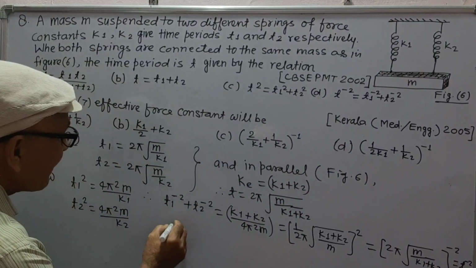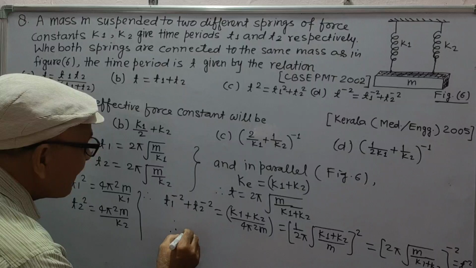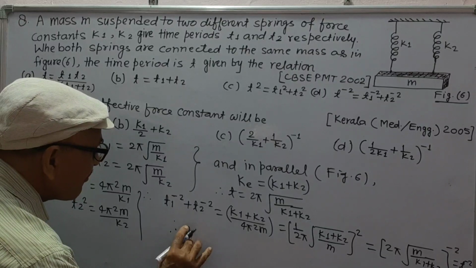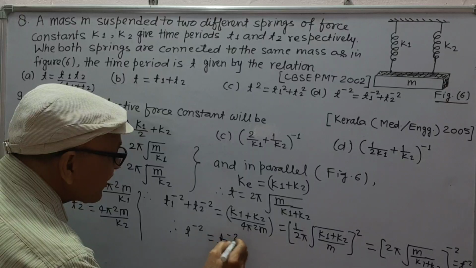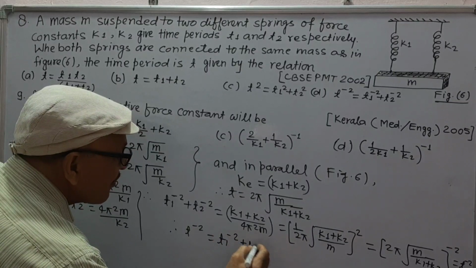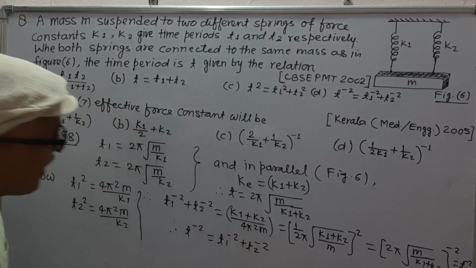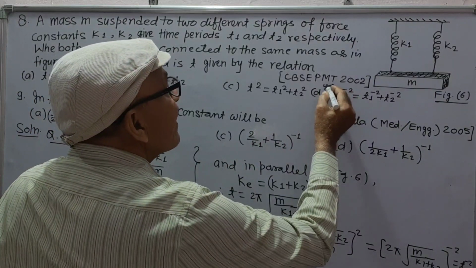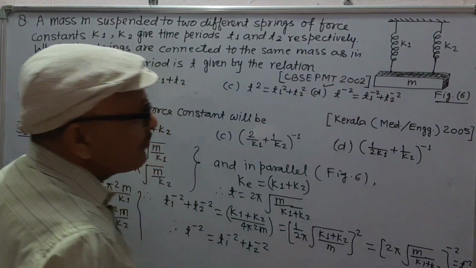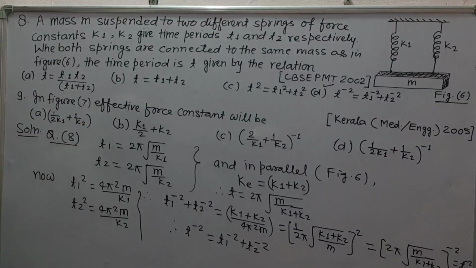So, T to the power minus 2 is equal to T1 to the power minus 2 plus T2 to the power minus 2, and the correct option will be D.